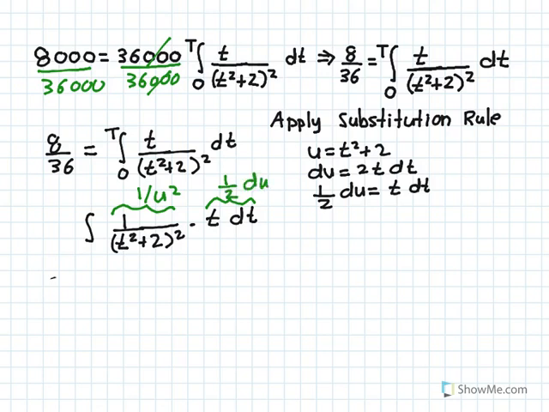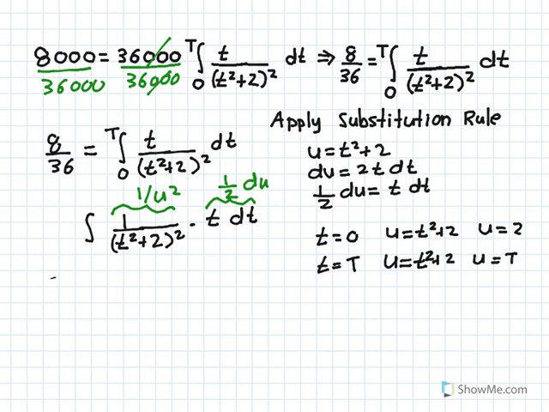But we still need to change the limits. So t equals 0, which is the lower t limit, gets plugged into u. u is equal to t squared plus 2, and we get u is equal to 2. T is equal to capital T gets plugged into u, and we're going to get u is equal to t squared plus 2.